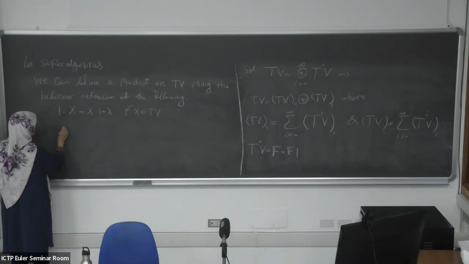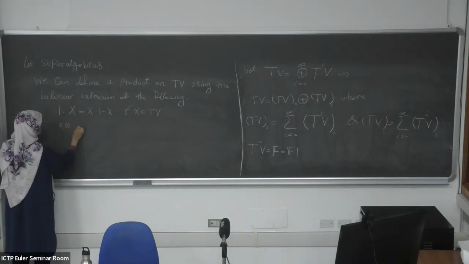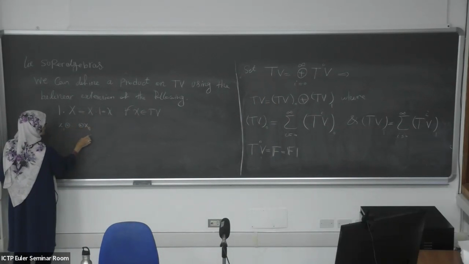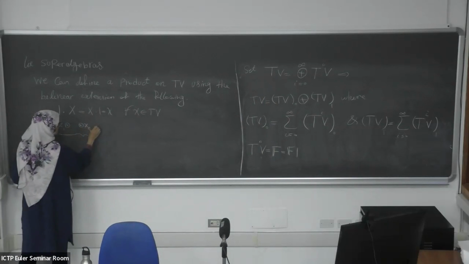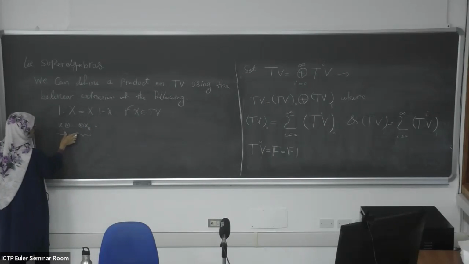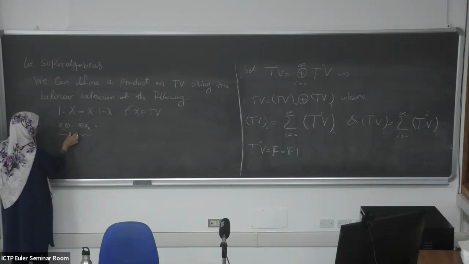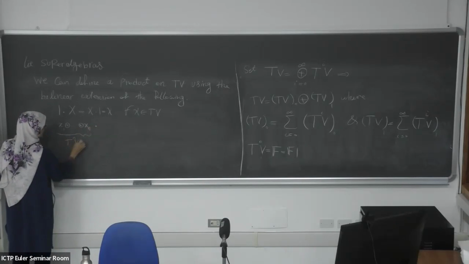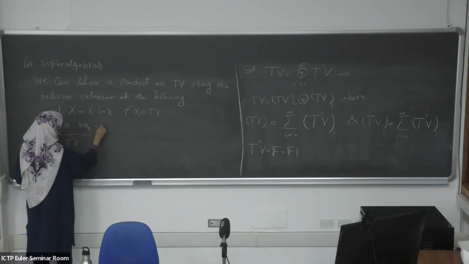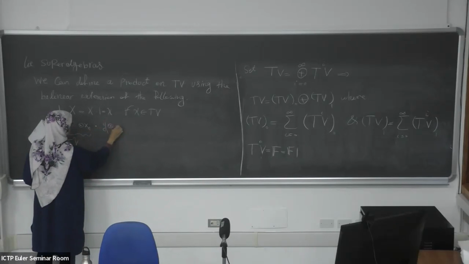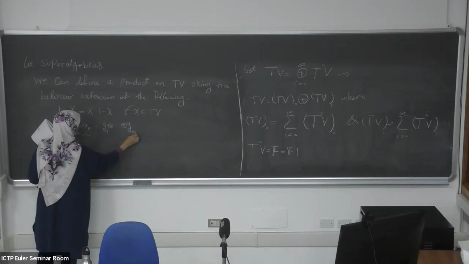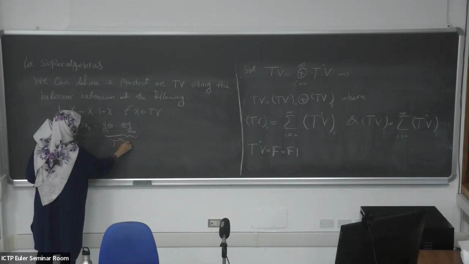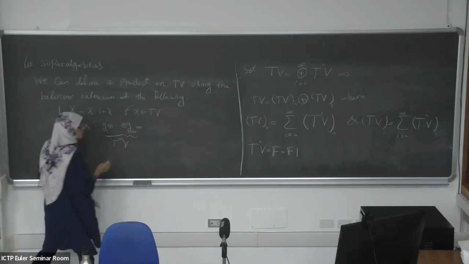And if I have x1 tensor ... tensor xn, a typical element of the generating set of T^n V, and I want to make the product with another element in T^m V, I just define it by juxtaposition.